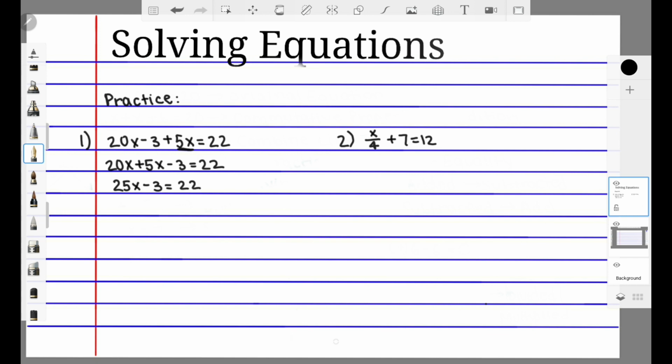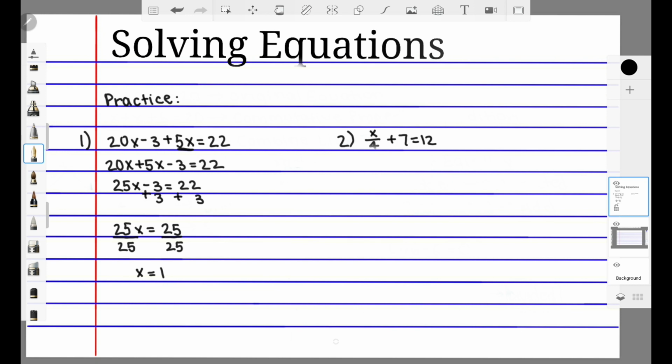All right, let's get rid of this 3 by adding 3 on either side by the addition property of equality. Simplify it. Now we can divide either side by 25 because of the division property of equality. And simplify, x should equal 1.